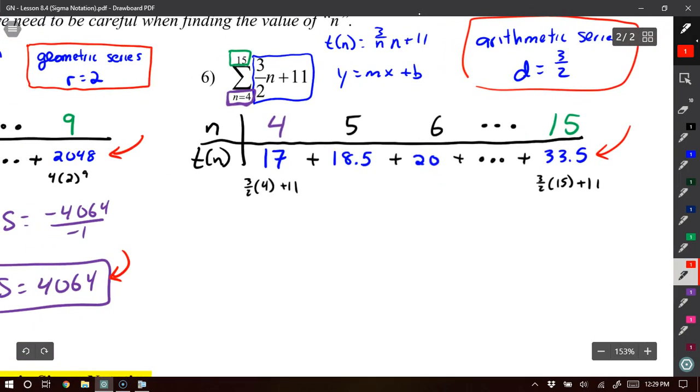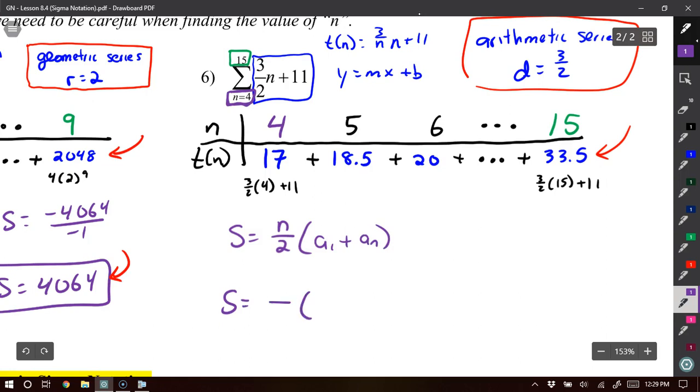Since this is arithmetic, I'm going to use my arithmetic series formula, which says the sum is going to be your n divided by 2 times your first term plus your last term. And there's a reason why on the first few problems I just went right to here and I left that n alone: you have to realize sometimes your n changes.